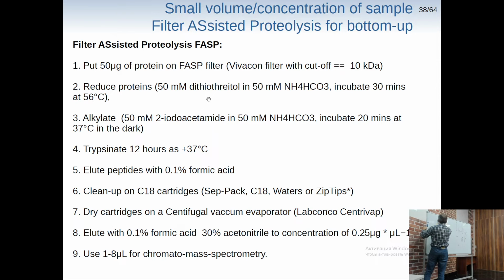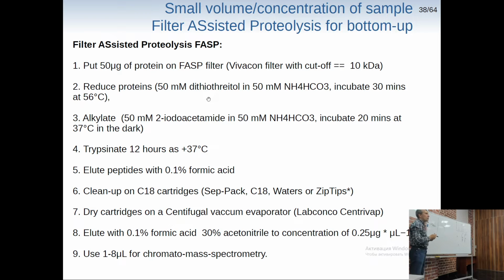The idea is that you have some filter in a test tube, which allows passing only small molecules, let's say less than 10 kilodaltons. So the trypsin and your proteins will not be able to cross this filter, and it will be somewhere here.